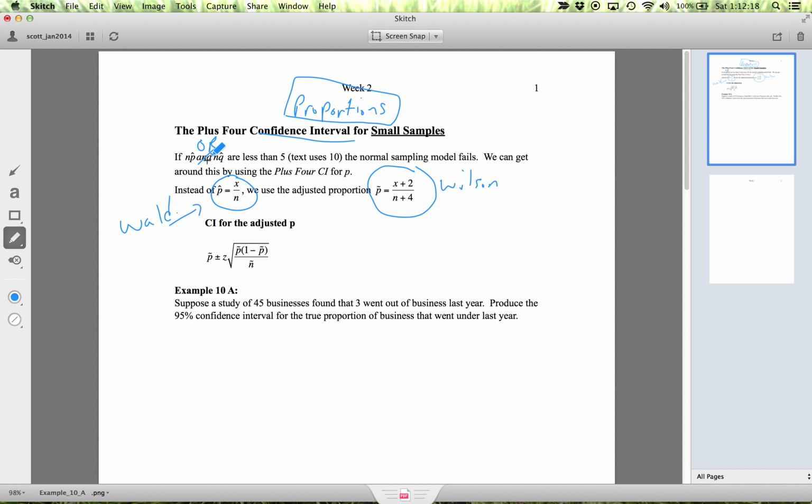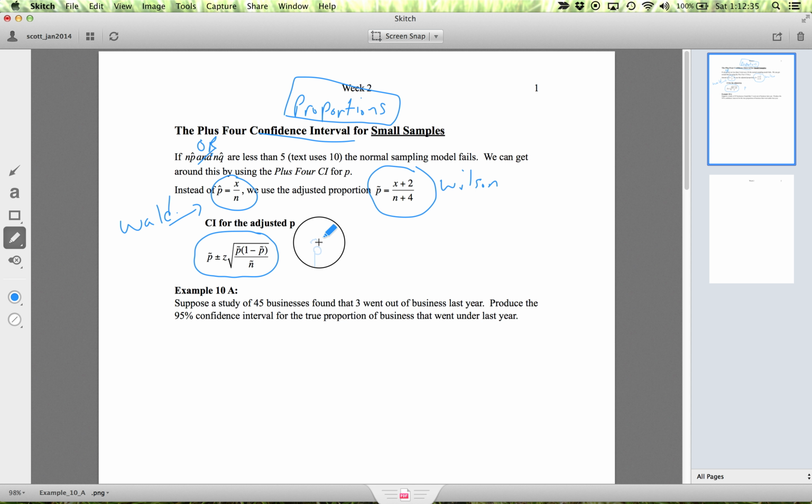Okay, so here we have a little bit of a typo in the notes. It says here if n times p hat or n times q hat are less than 5, then we should be using the Wilson confidence interval formula.